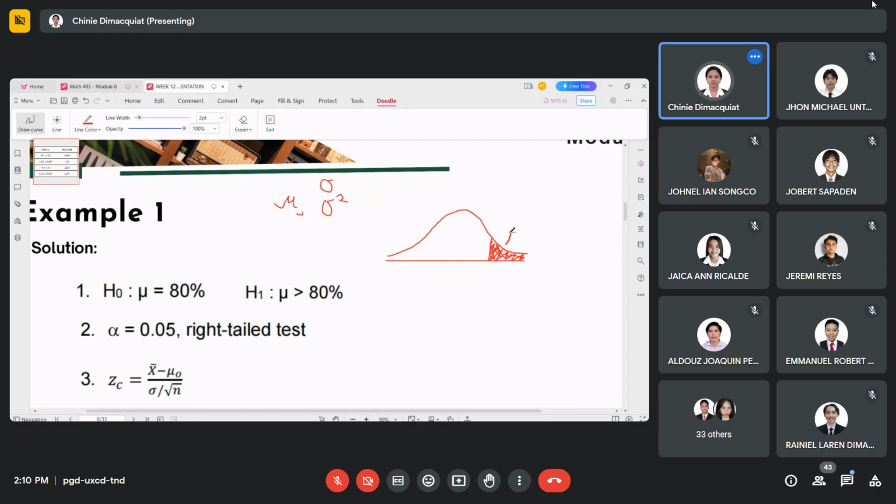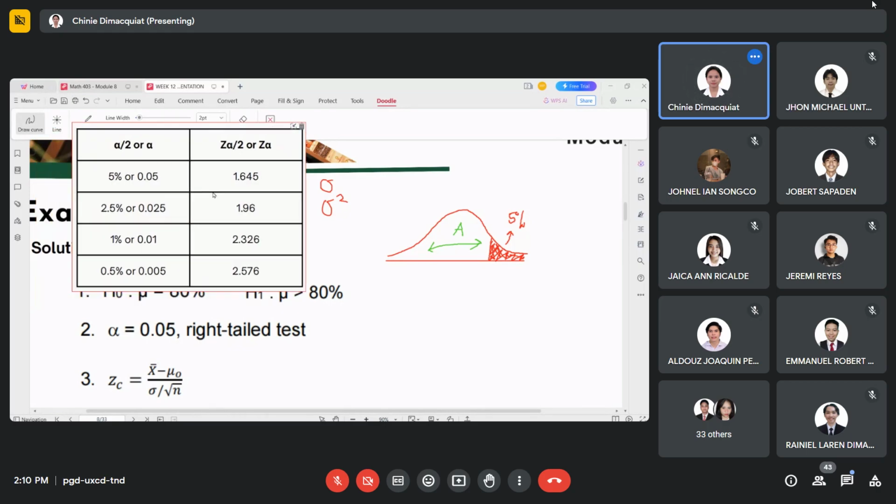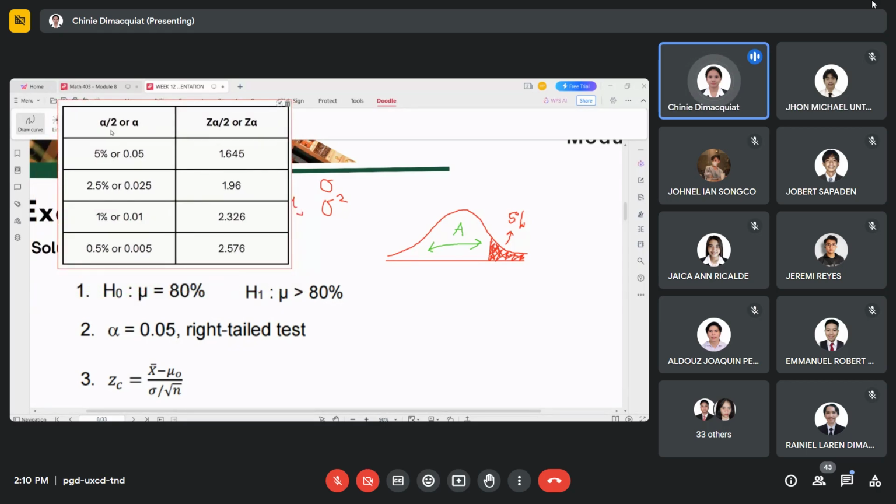Itong part na to ay 5%, and itong part na to ay ito yung ating acceptance region. Refer tayo dito kay table. Alpha ay 5%, and since siya ay right-tailed test, ang critical value ay 1.645.